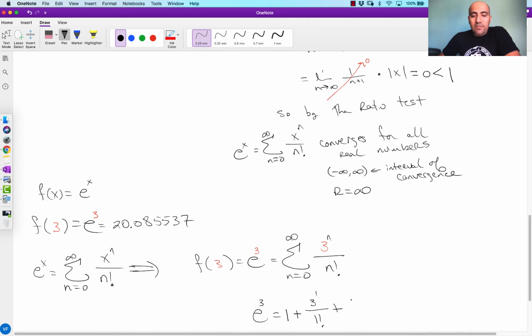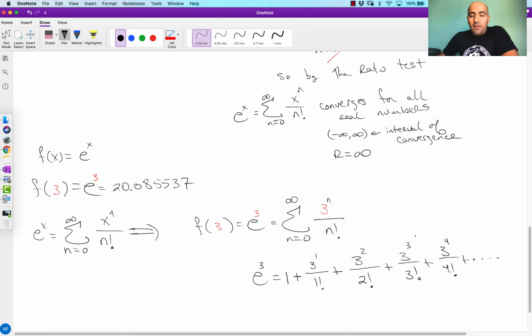Plus, the next term is 3 to the second power over 2 factorial. The next term is 3 to the third power over 3 factorial. Plus, the next term is 3 to the fourth power over 4 factorial, and so on and so forth, forever.